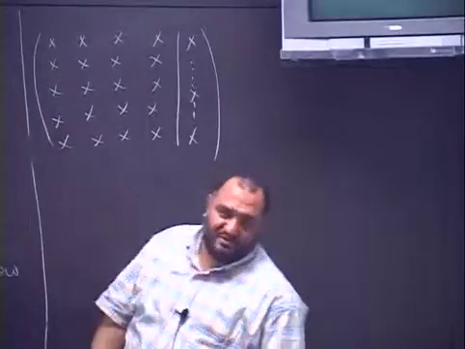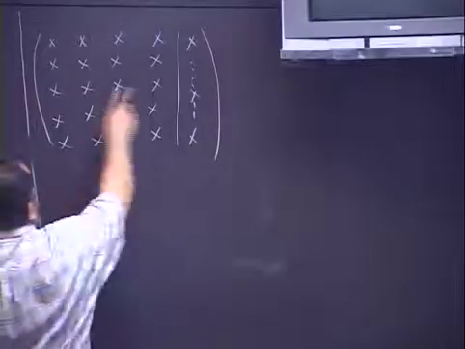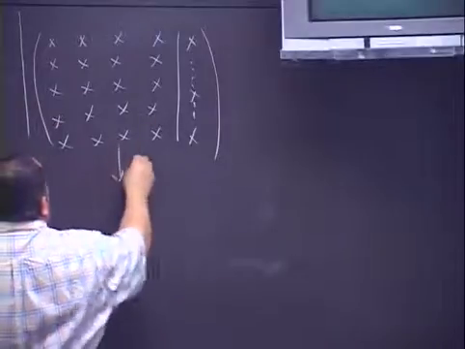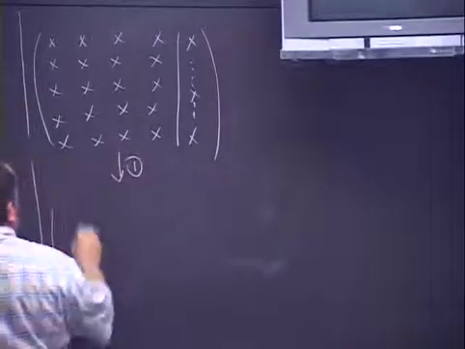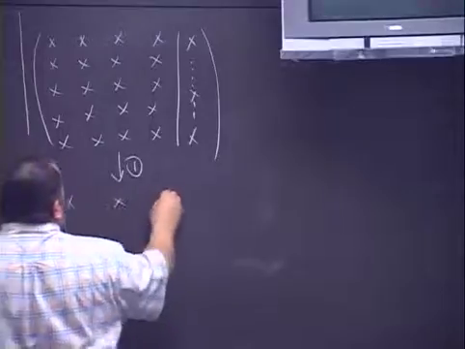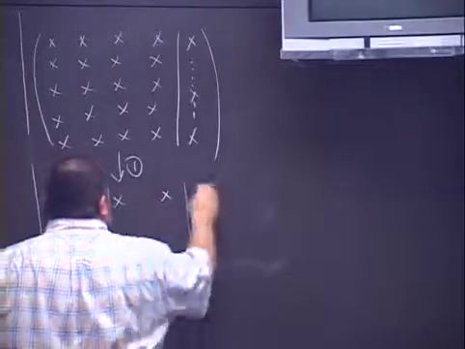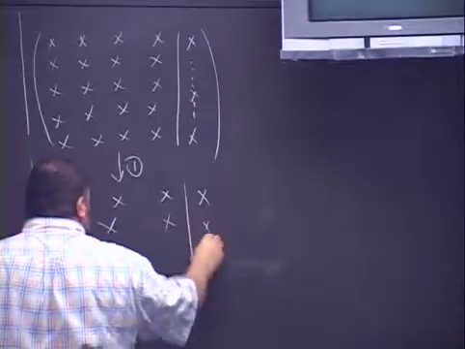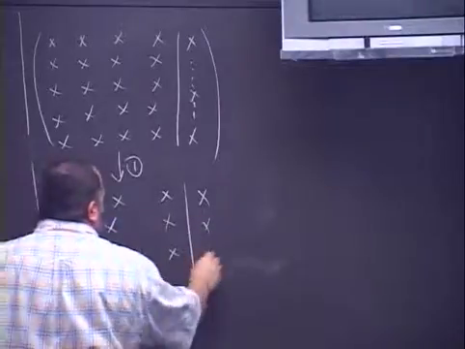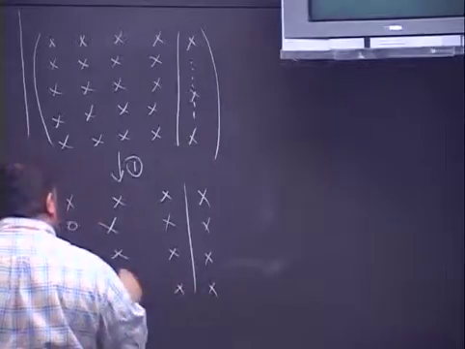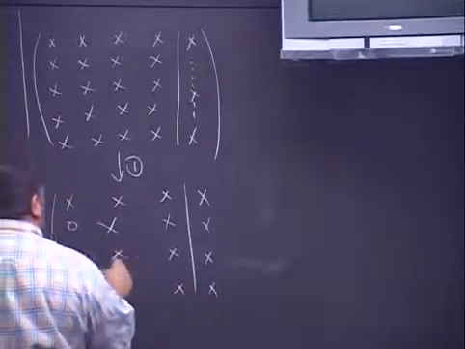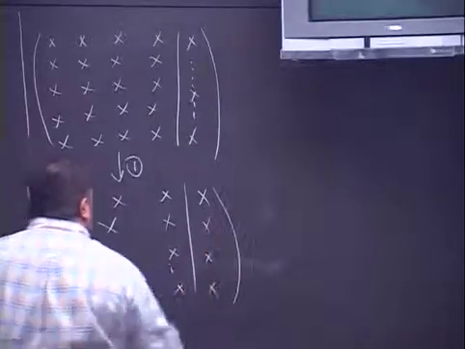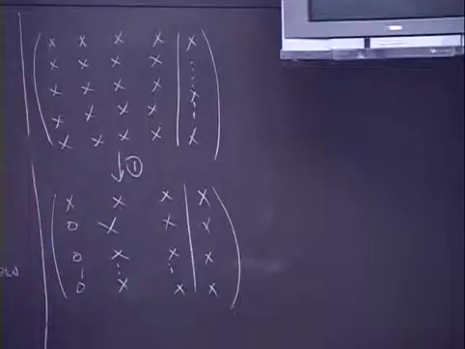And then after step 1, you will transform it to something like this. So you transform all the rows to be zeros.